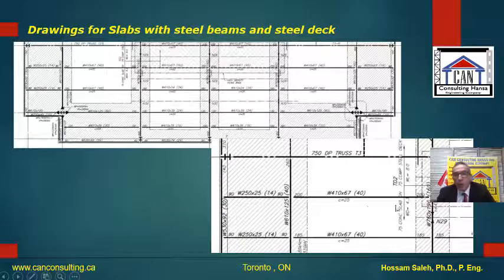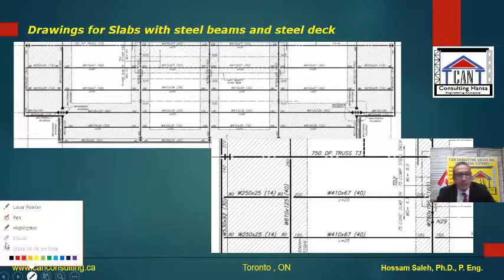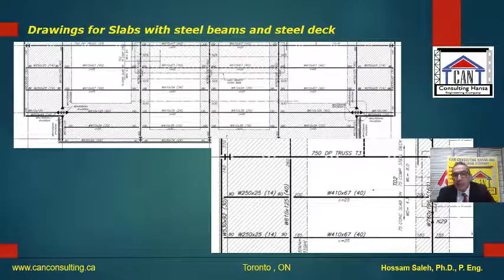And if you go here, for example, you have this here as the beam size W410 times 67, and here you have something called 40, and 40 is the number of steel studs. I will speak about that soon.